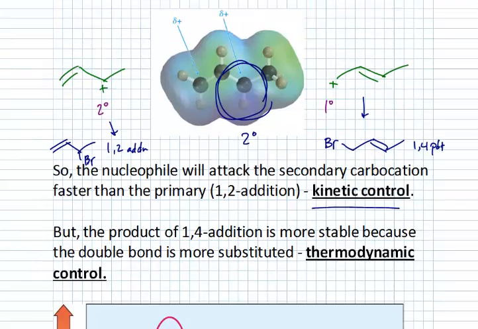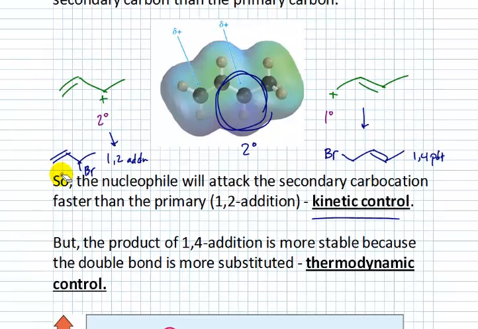This is a mono-substituted double bond. All right, it only has one alkyl group. Over here, this is a di-substituted double bond.